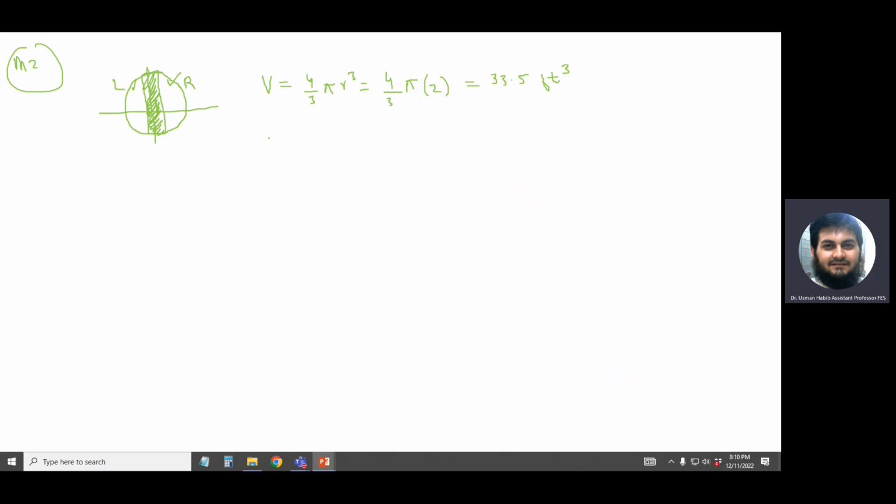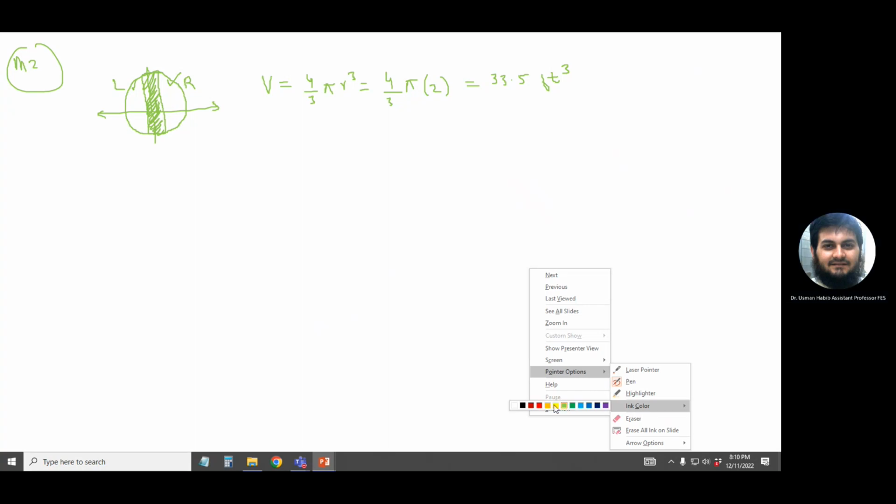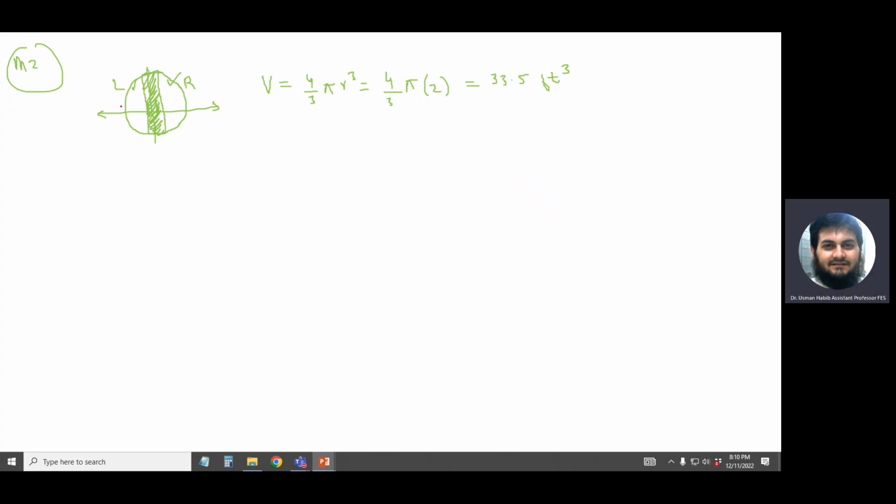What has been left is this one, on the left side and on the right hand side. You can see that it is symmetric about the x-axis as well. So let's use the method of shells. You can use any method. We can use the washer method for this as well.